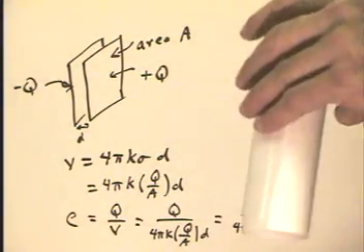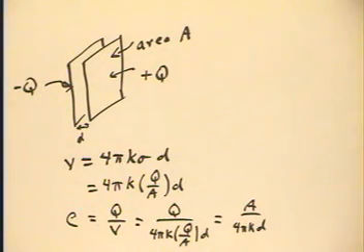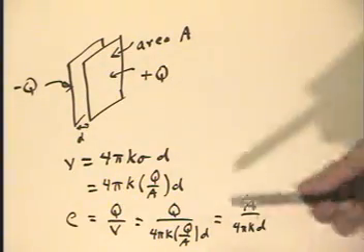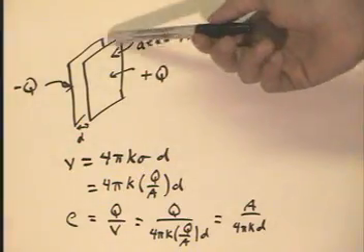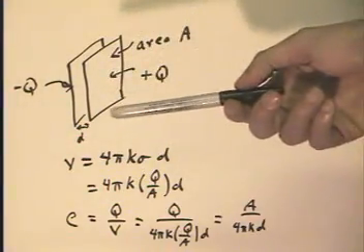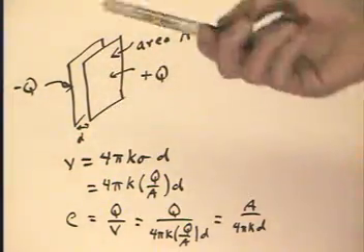A piece of paper is about 0.1 centimeter thick. If I could coil the paper very tightly about that foil, I don't know how thick the foil is, but I would have a plate separation on the order of 0.01 centimeter. And then whatever area of the foil I have, actually I did that wrong.